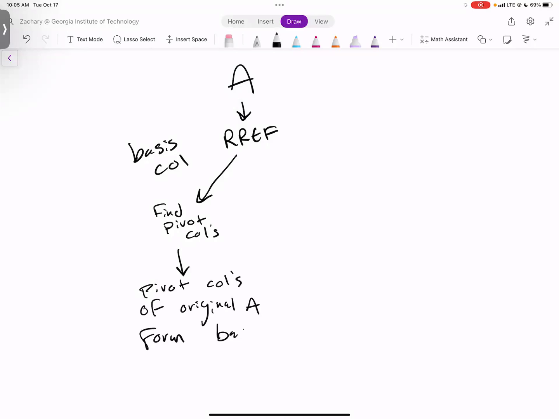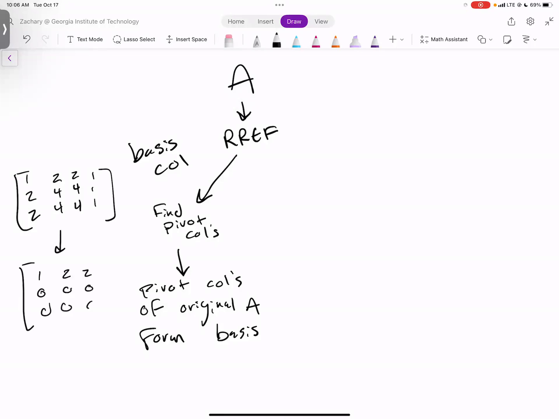So what I mean by that is that we have a 4x4 matrix, or sorry, a 3x4 matrix. When we row reduce this, what we're going to get looks like this, where this is a pivot and this is a pivot.